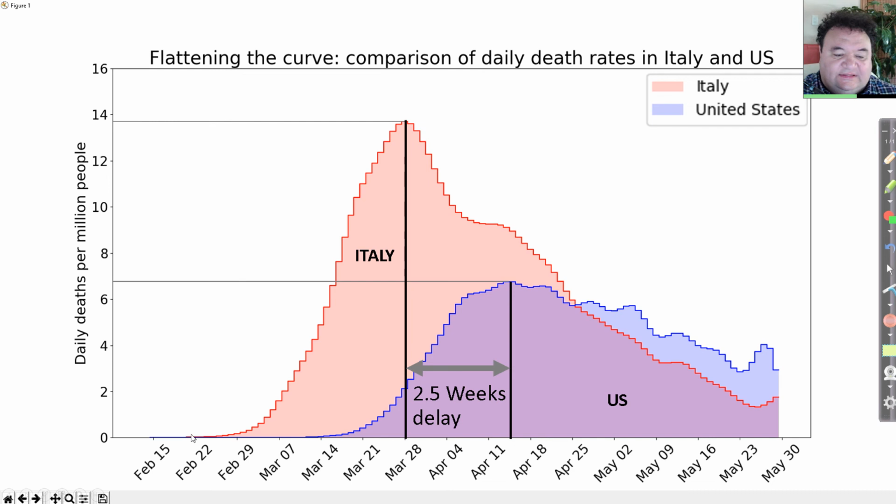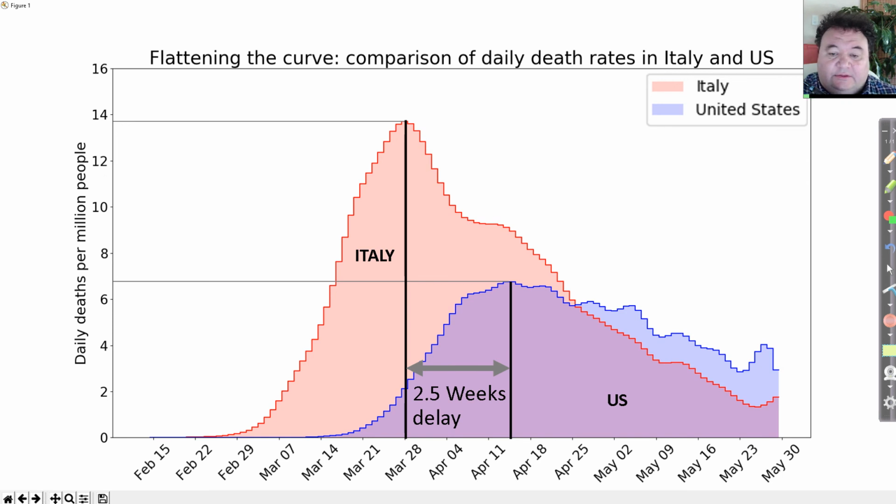And instead of trying to pick up the first movement higher up from 0, which is a little bit harder to spot, we can look at when the peak happens. And so we see a delay of roughly 2.5 weeks from Italy to the US, and this is something that gave the US, but also many other countries, lead time to adjust to what was coming.